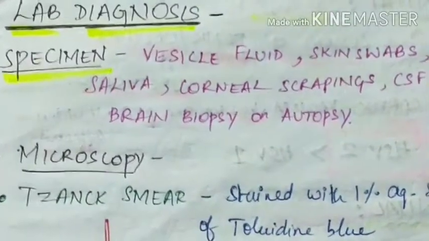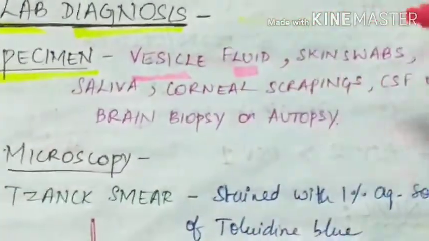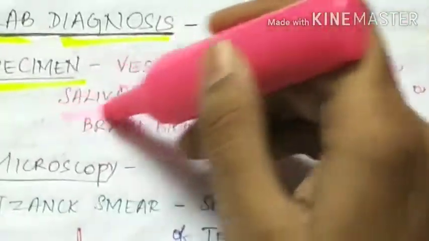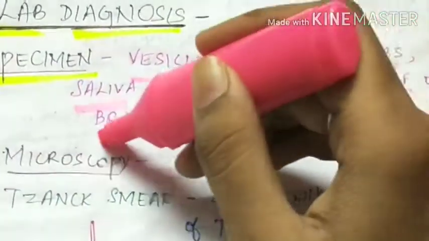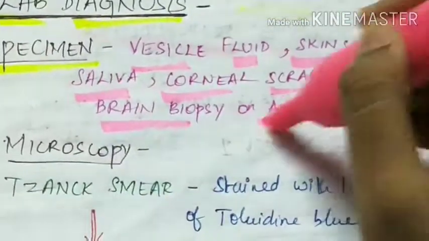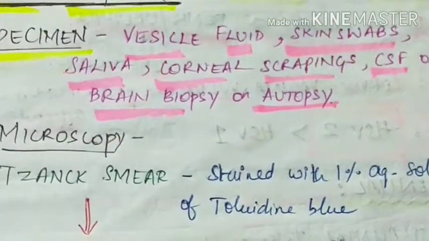Lab diagnosis. First is collection of specimen. The specimen includes vesicular fluid, skin swabs, saliva, corneal scrapings, CSF or brain biopsy on autopsy. Second is microscopy.